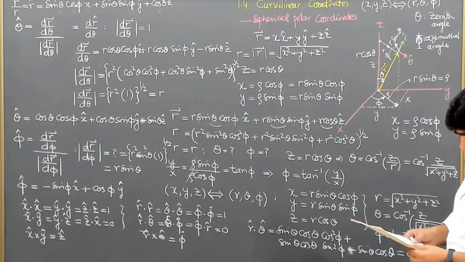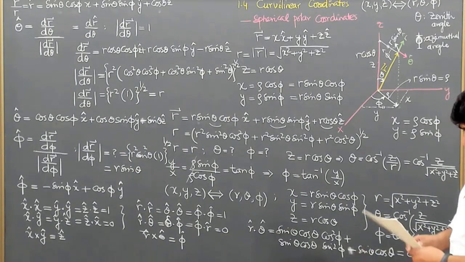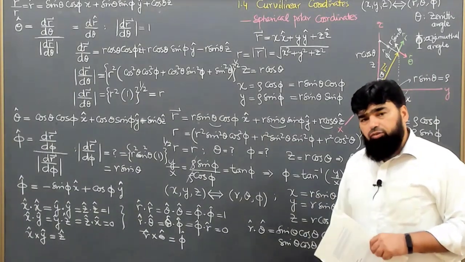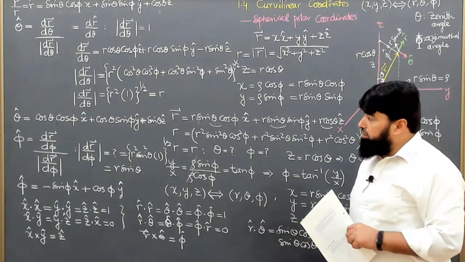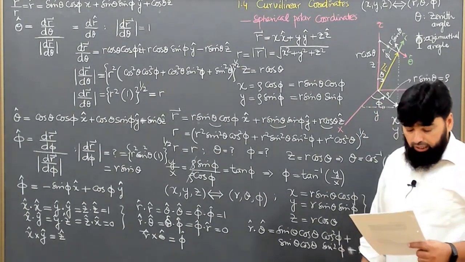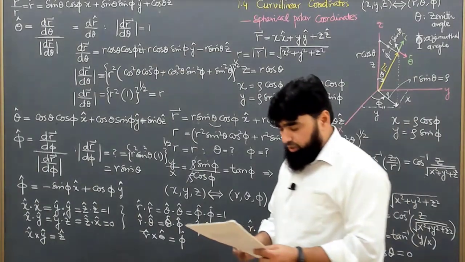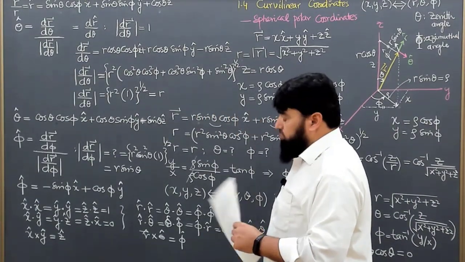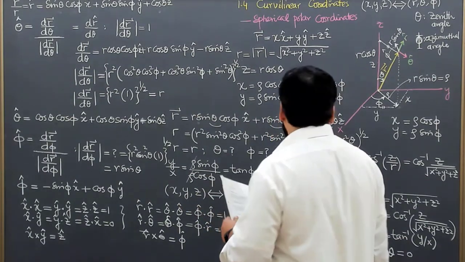And now we will discuss the different area and length elements in the spherical polar coordinate system. So let's start with the area and volume elements in this coordinate system.